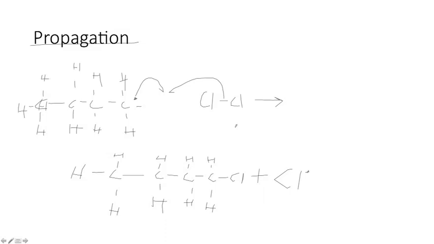So in order to stop this reaction, we have a termination step. In termination, the only way to stop having a free radical produced is to have a free radical react with a free radical.